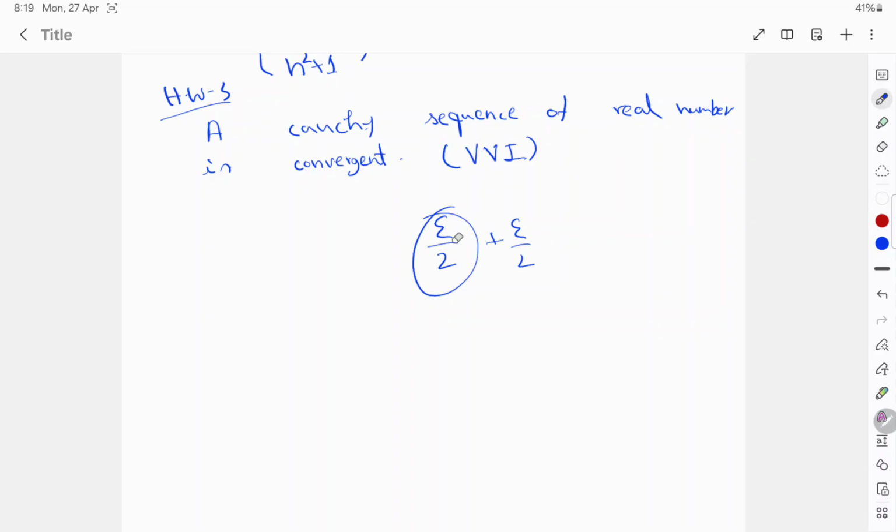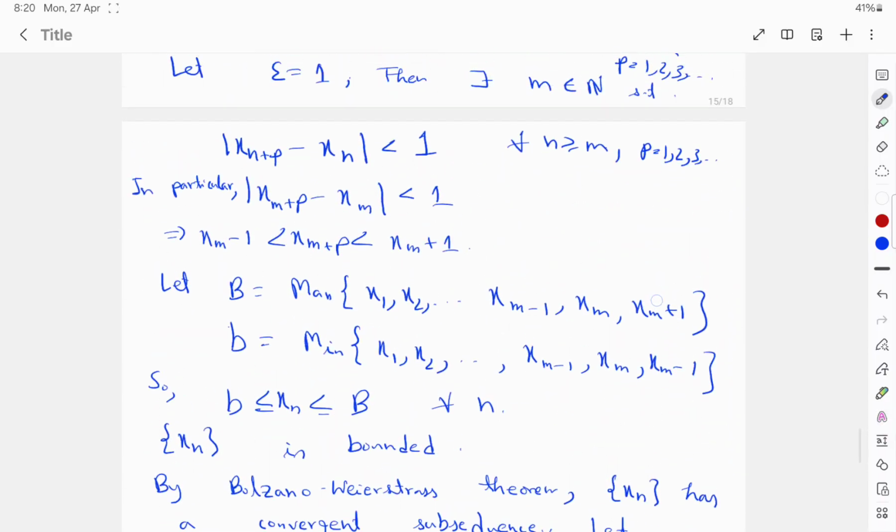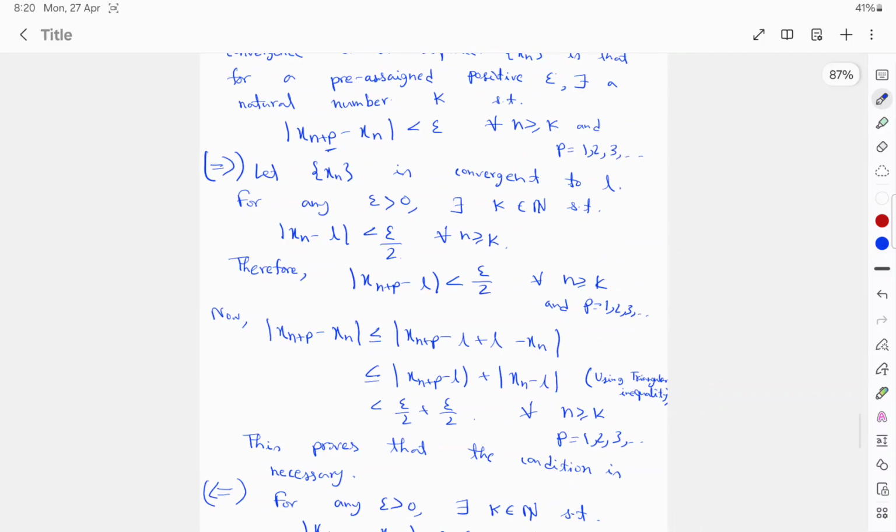Okay, and there is another theorem that a convergent sequence is always Cauchy. So this proof we have already done. It is exactly similar to this first part, basically from here to here.